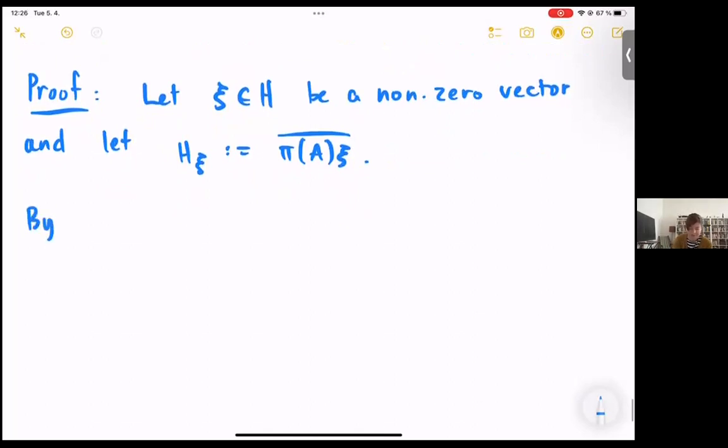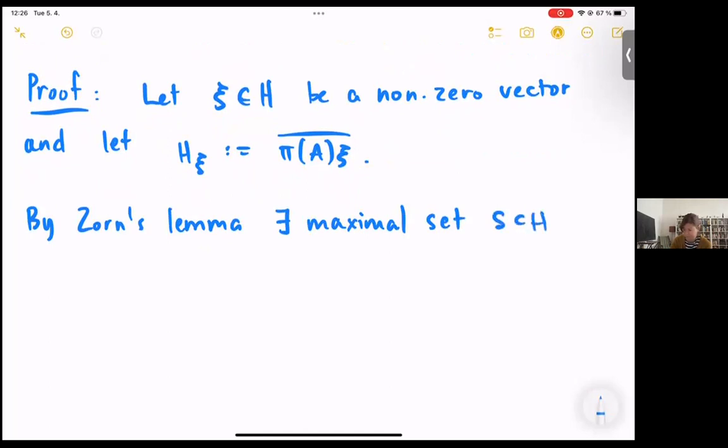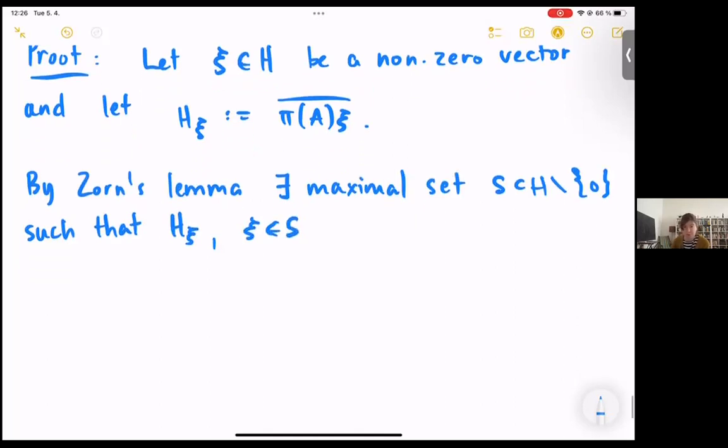Okay, so by Zorn's lemma, we can find a maximal set X such that these H_psi's will be pairwise orthogonal.